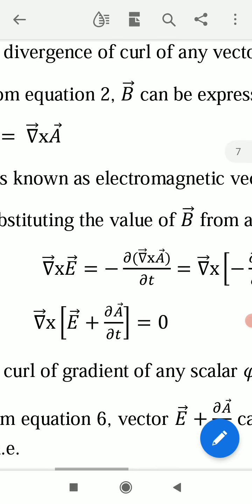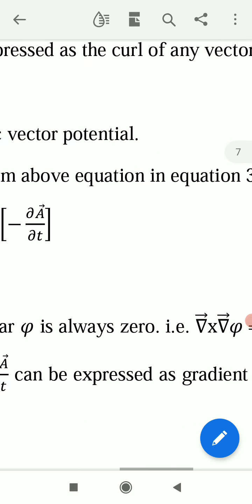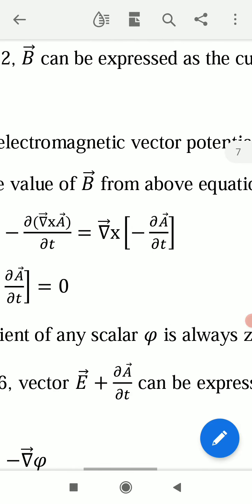Now substituting the value of B from this equation in equation 3.